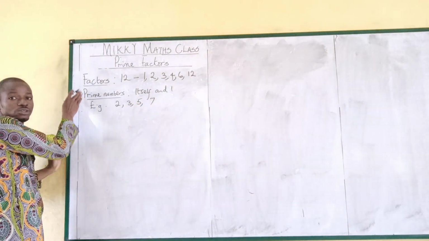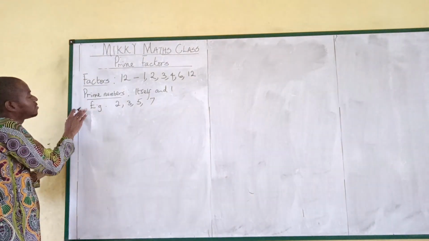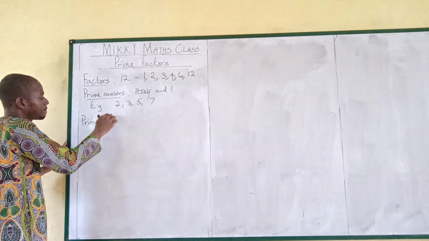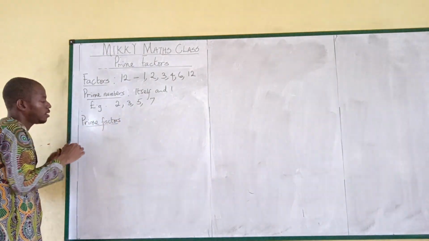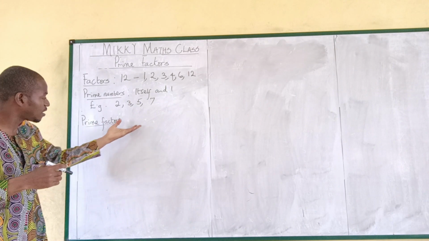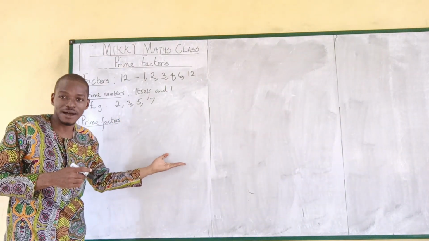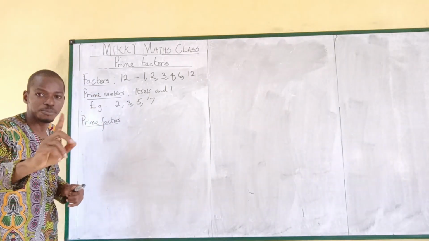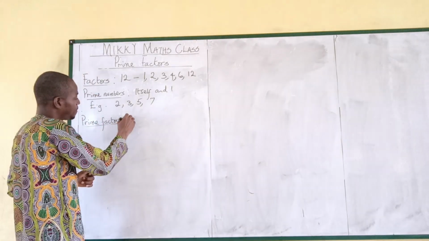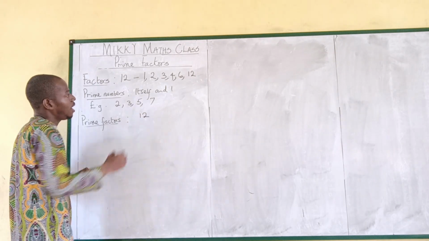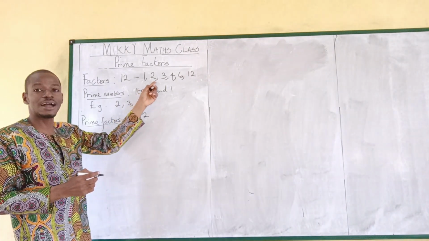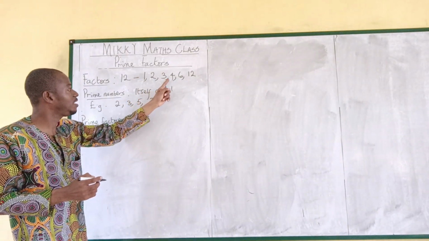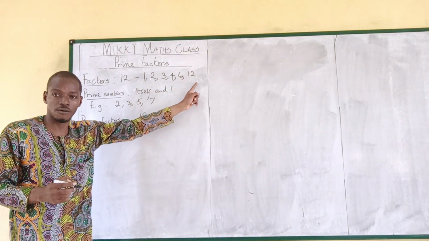Now, having understood these 2 key terms, we examine what prime factors are. Prime factors are factors of a number that are prime numbers. How do we mean? Let me give you a practical example. For example, I have 12, and like we listed earlier, the factors of 12: 1, 2, 3, 4, 6, and 12.